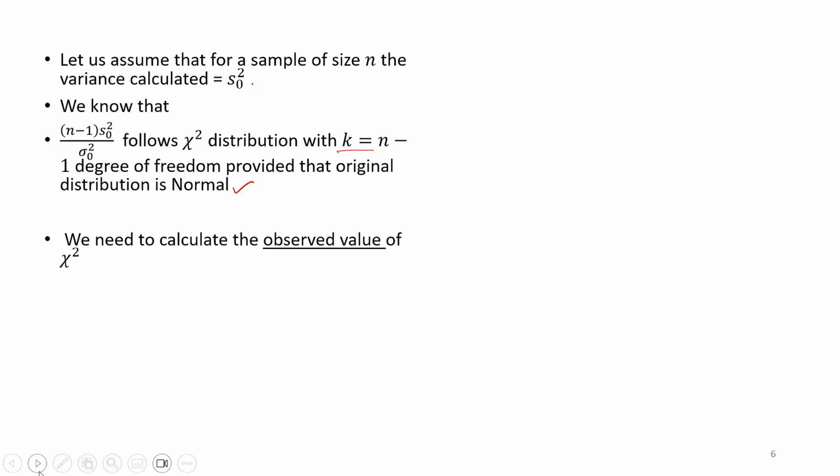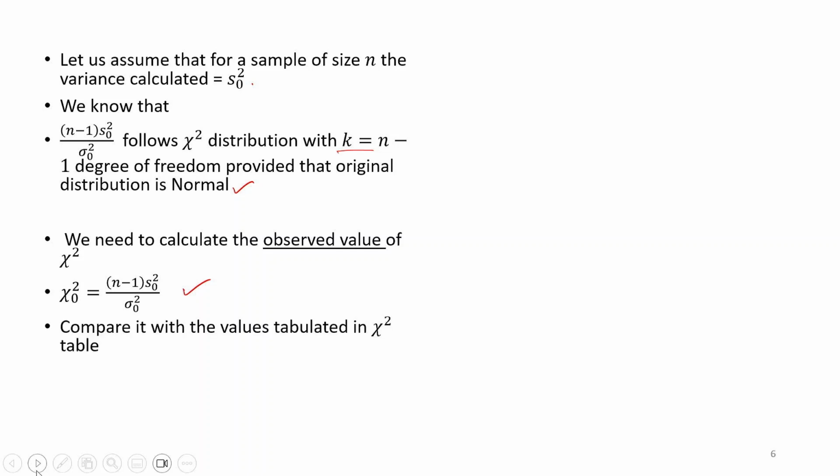Now, this follows the chi-square distribution that is already known to us. We need to calculate the observed value of chi-square, that is, the chi-square value based on the experimental results.